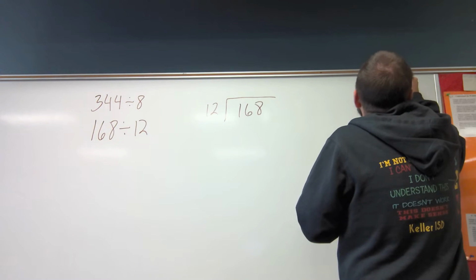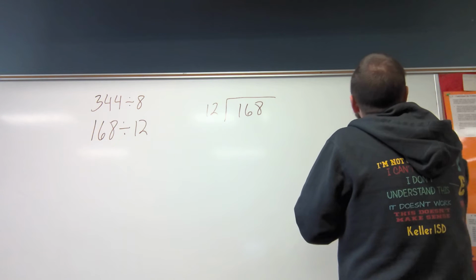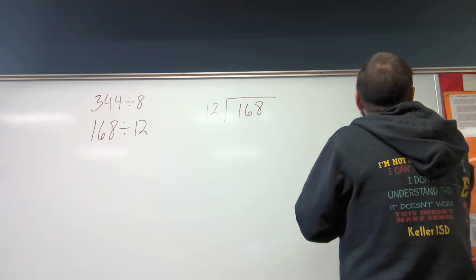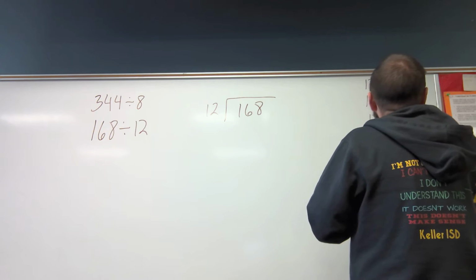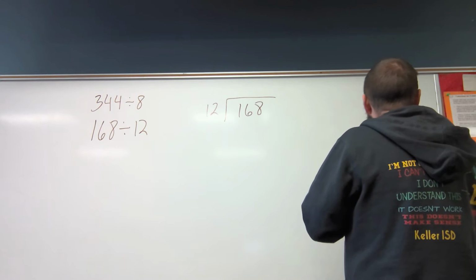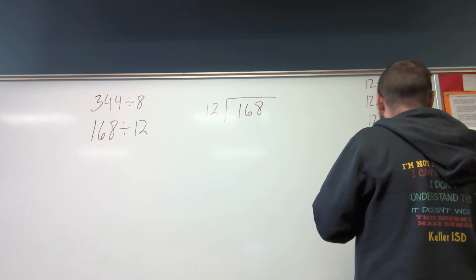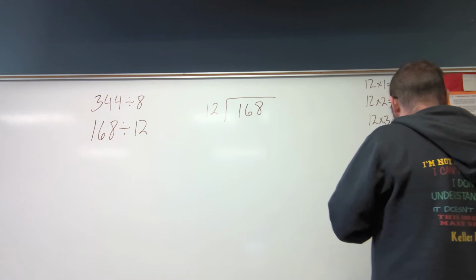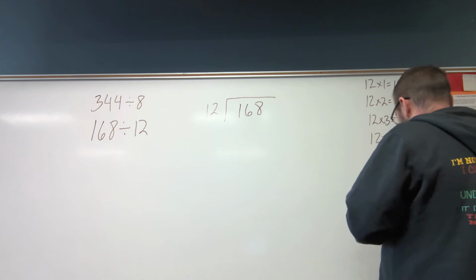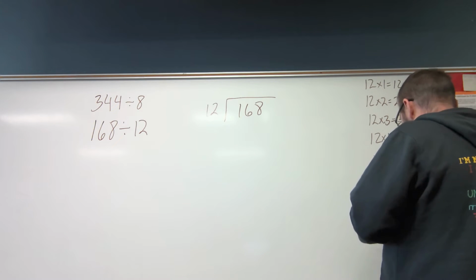12 times 1 equals 12. 12 times 2 equals 24. 12 times 3 equals 36. 12 times 4 equals 48. 12 times 5 equals 60. 12 times 6 equals 72. 12 times 7 equals 84. 12 times 8 equals 96.